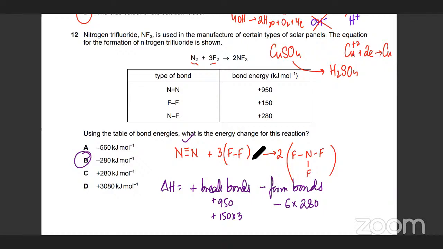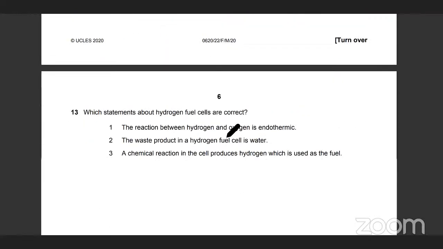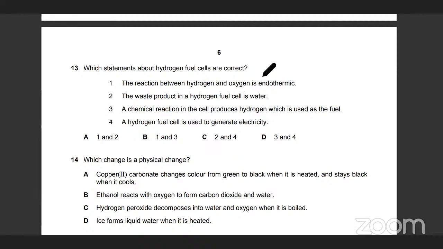So now the next one is, which statement about hydrogen fuel cells is correct? The waste product of a hydrogen fuel cell is water. So what's the hydrogen fuel cell? In the hydrogen fuel cell, you have a beaker, not a gas jar, and the shape could be different, and you have another gas jar.